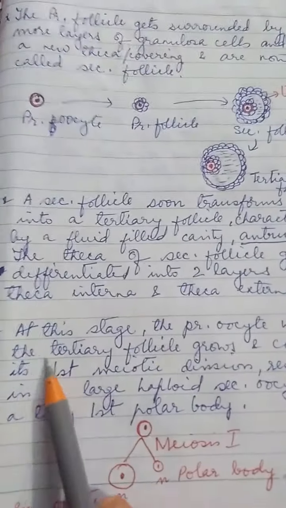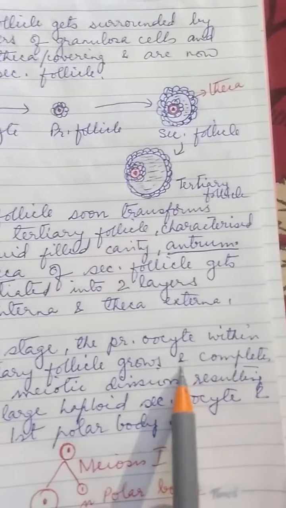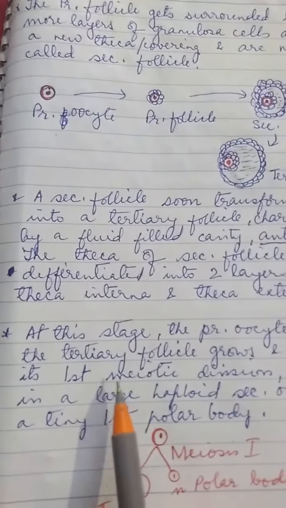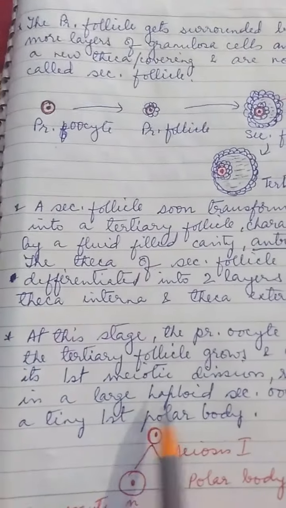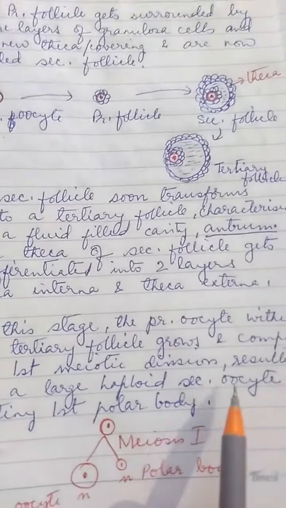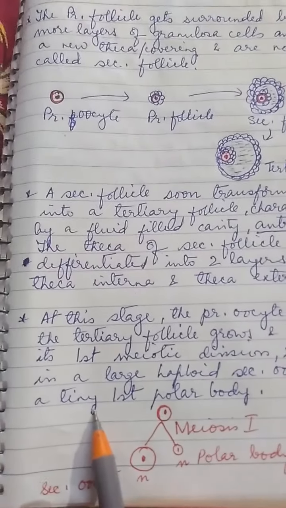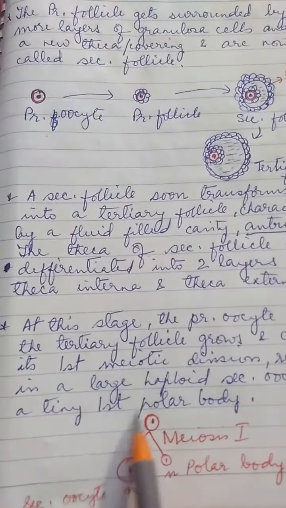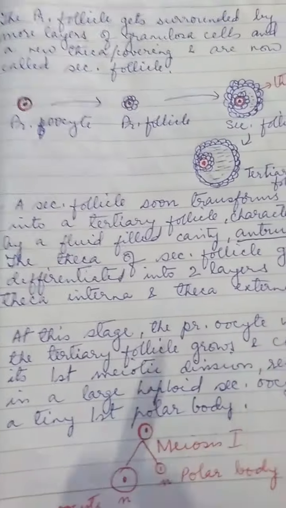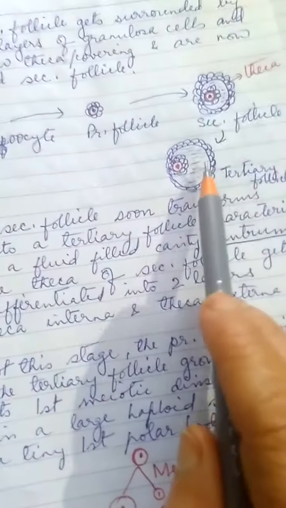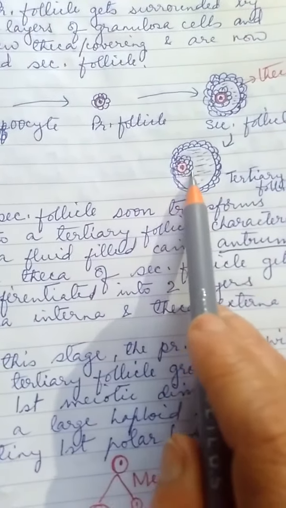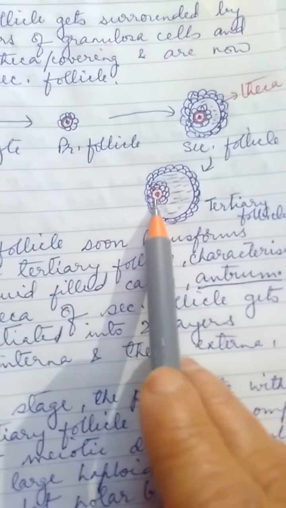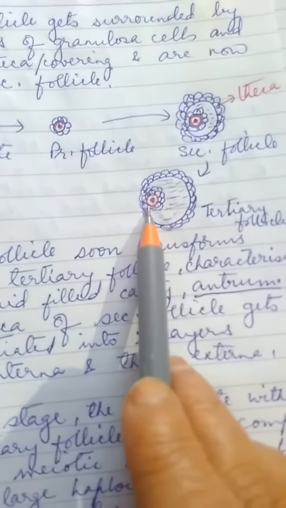At this stage, the primary oocyte within the tertiary follicle grows and completes its first meiotic division, resulting in the formation of a large haploid secondary oocyte and a tiny cell called the polar body, right? So at the tertiary follicle stage, the primary oocyte present inside completes its first meiosis.